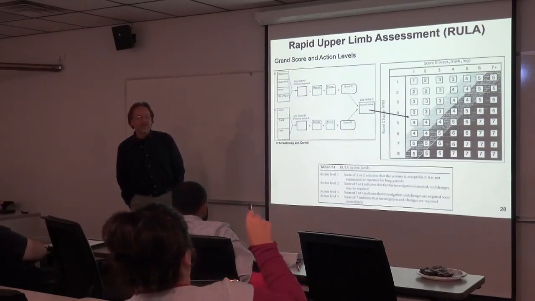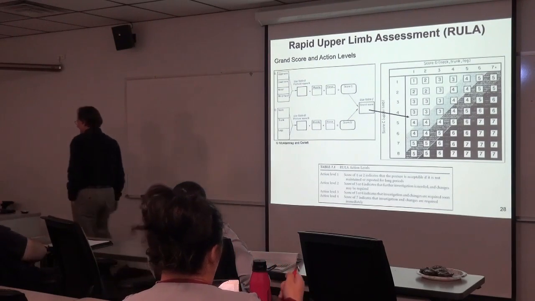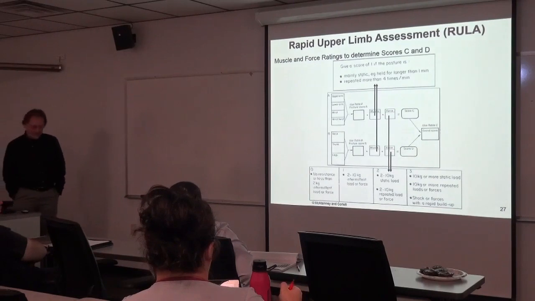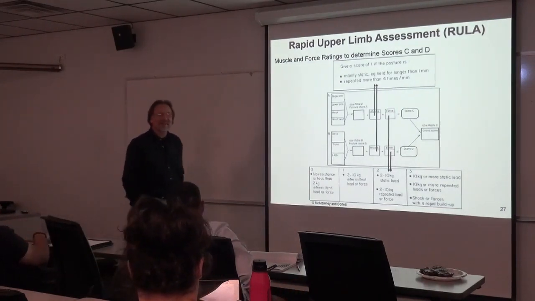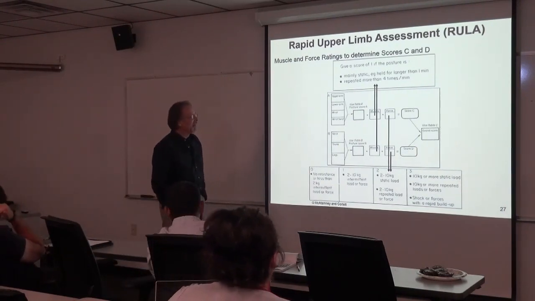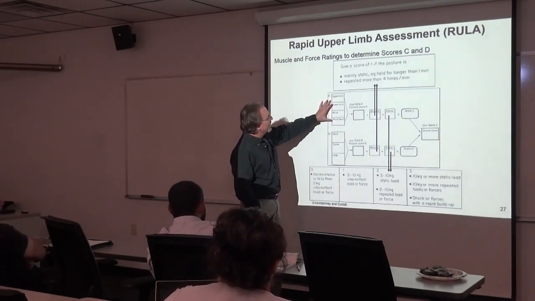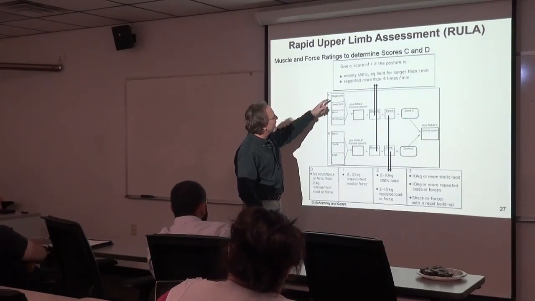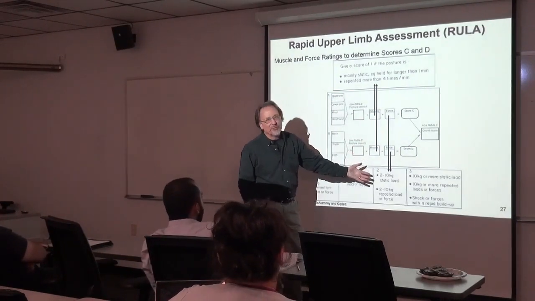Yes? Would the force we were looking at before be 200 load force or 100? It depends on whether it's a one-handed or a two-handed task. And if it's a two-handed task, you would have to evaluate each side differently. If the postures are the same and the force is the same, then you don't divide it.